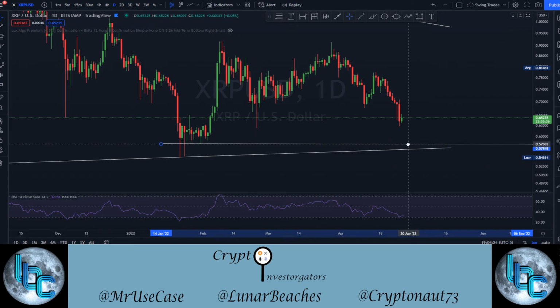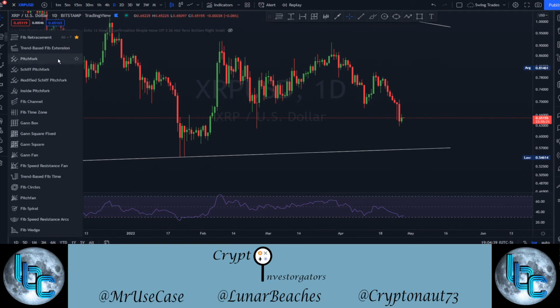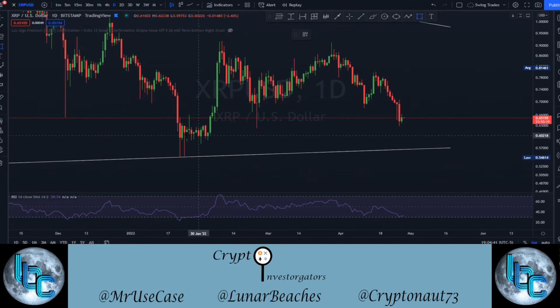So I would take it down to the bottom of this wick here. Actually, if we are to look for a double bottom, we would take a rectangle. This was the lowest low. Go to the bottom of the wick and stretch it out.